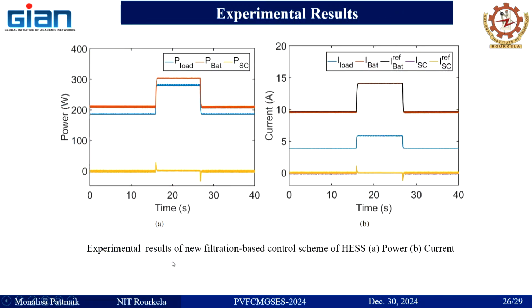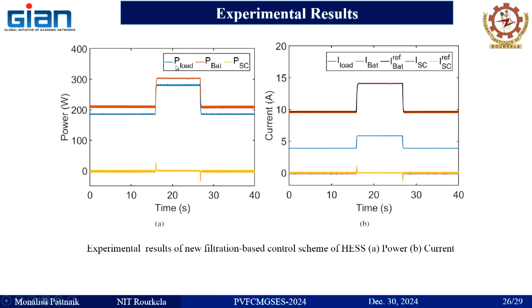Now, this is the result I previously took. Here the orange one depicts the battery power, the blue one is the PV load power, and the yellow one is the supercapacitor power. The load is initially around 200 watt, and at 15 seconds the load is increased to 300 watt.